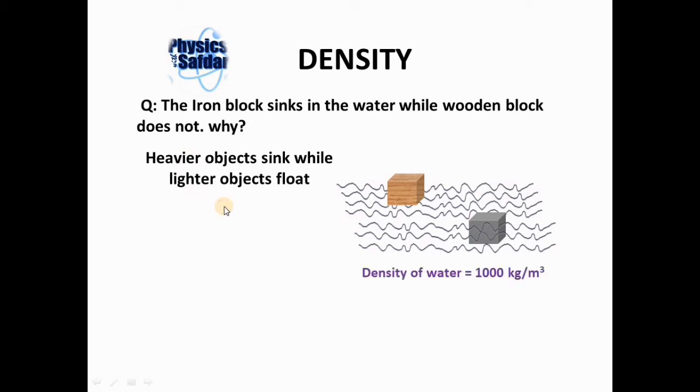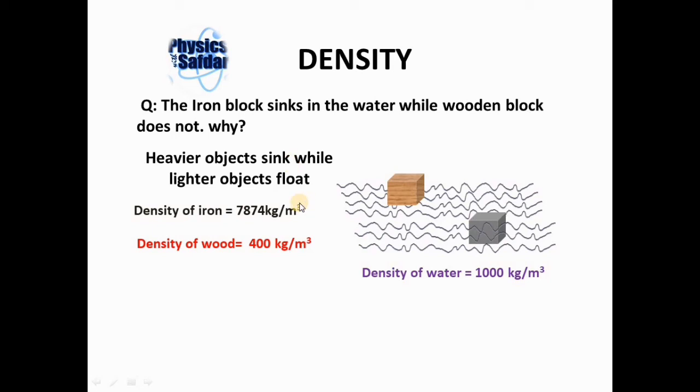So look at the standard densities. The density of water is 1000 kg per cubic meter. The density of iron is 7874 kg per cubic meter. The density of wood is 400 kg per cubic meter. According to the principle of flotation, heavier objects sink.